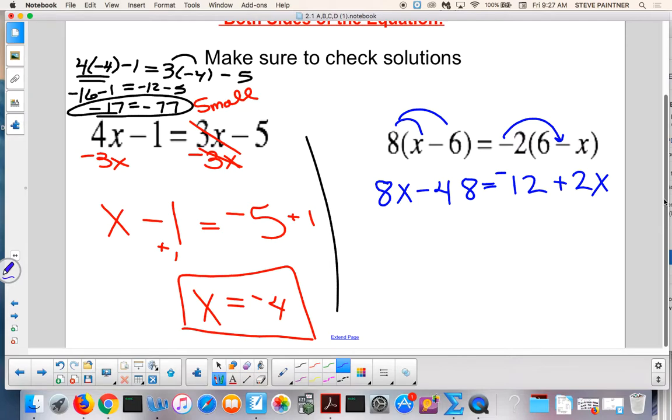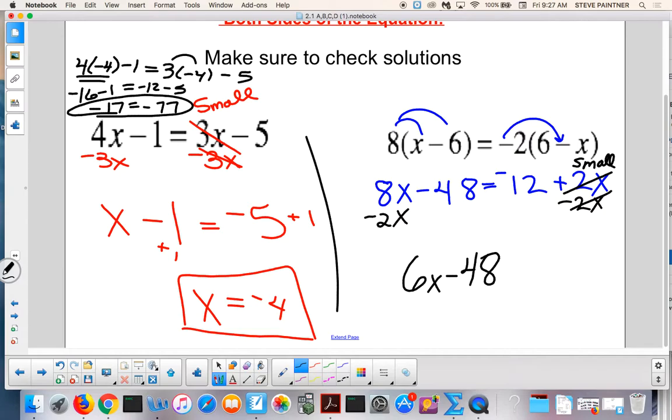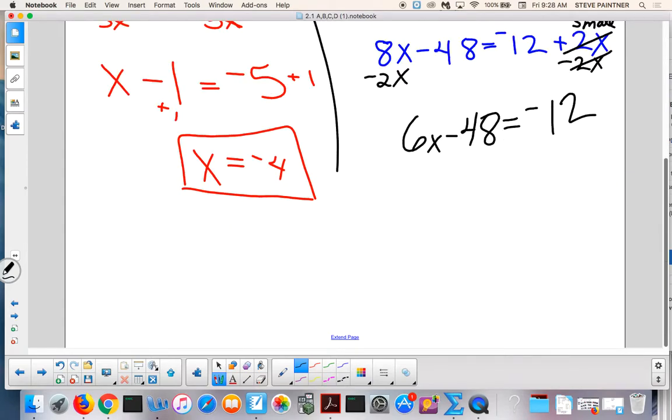Now you tell me, which x term are you gonna pick on? The smaller one. Pick on the small x term. Minus 2x gets rid of the 2x. Minus 2x gets us what? 6x, take away 48 equals -12, right? Plus 48, and now this is easy.